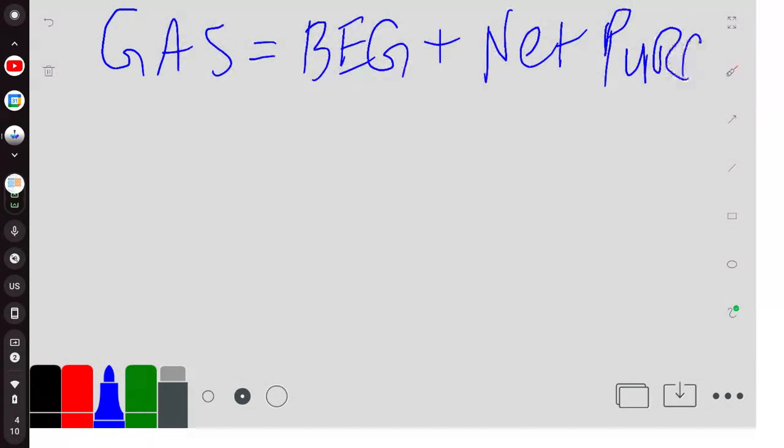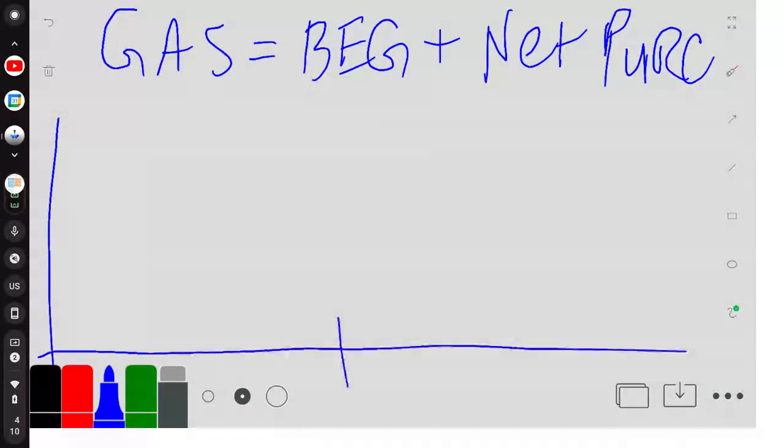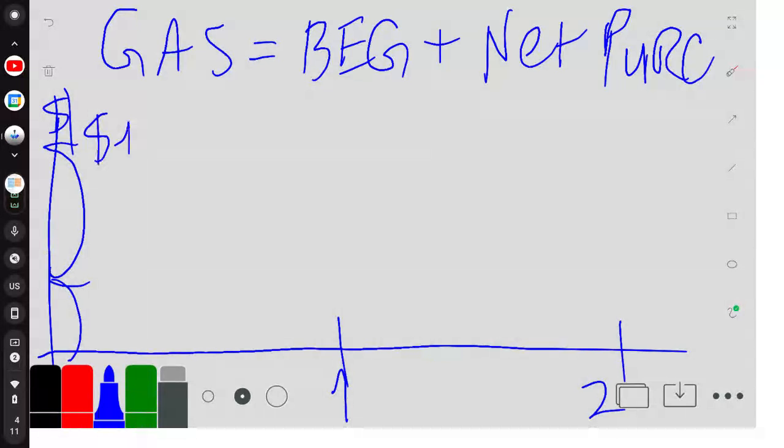Okay, and then think about it. This is the end of the first quarter, the end of the second quarter. So let's say, and this is the dollar value, currently our GAS is 100K, right? And the beginning inventory was 20K.